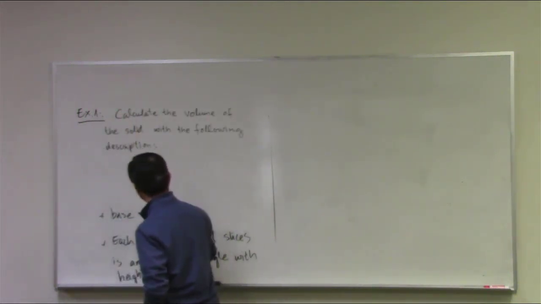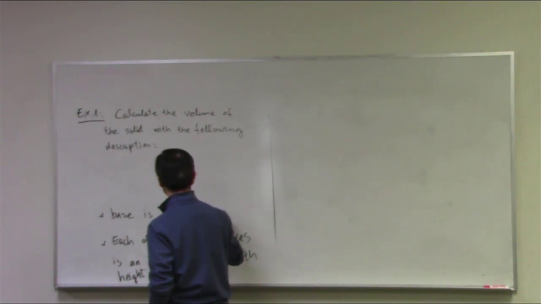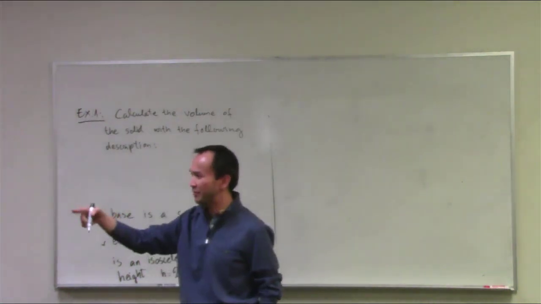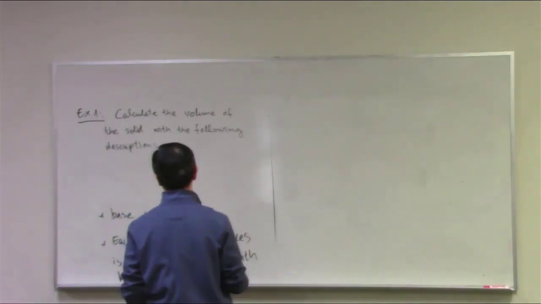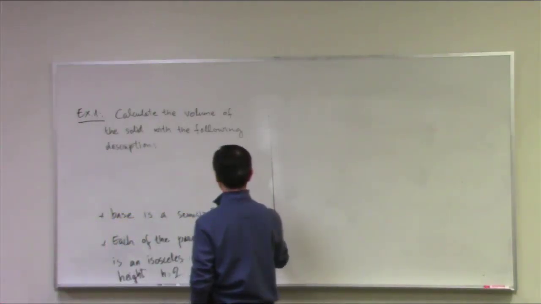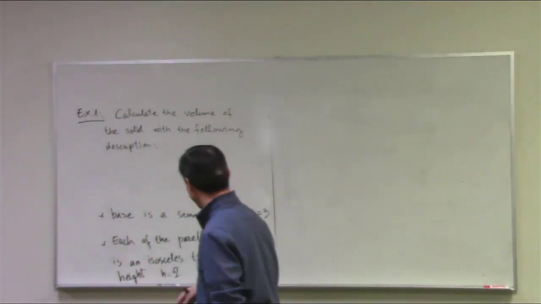The base is a semicircle. You guys want to name a radius for the circle? 3. Thank you. It's a semicircle of radius 3. So the base itself is a semicircle with radius 3.